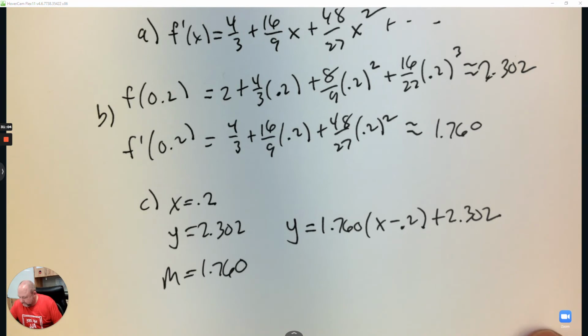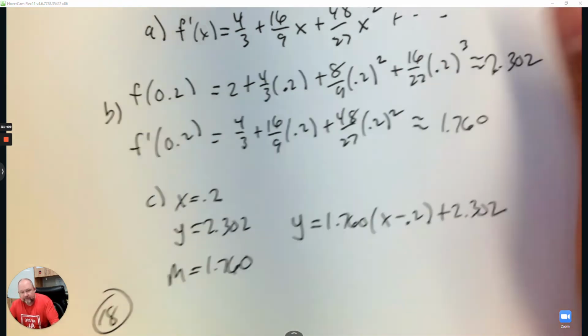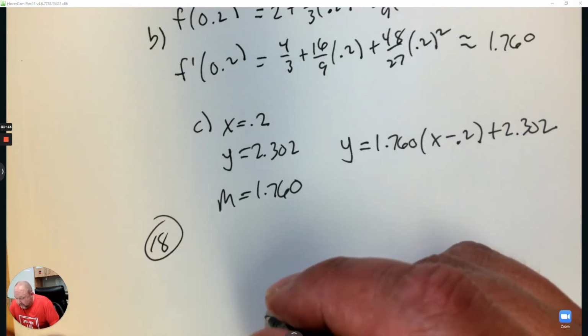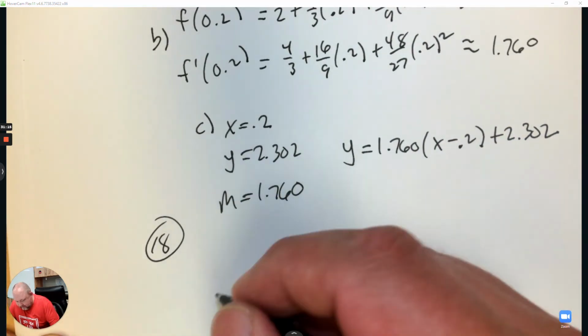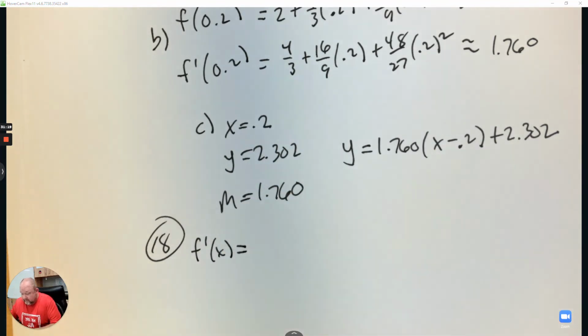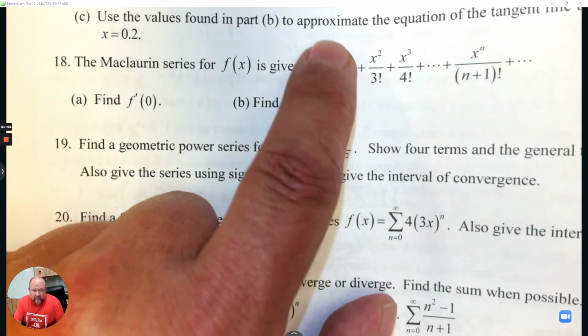18. We're going to do up to 20, I think, for this video. So 18. You're given a Maclaurin series. What's the derivative at 0? So first of all, the derivative of 1 is 0. The derivative of 1x is 1, so it's 1 over that.